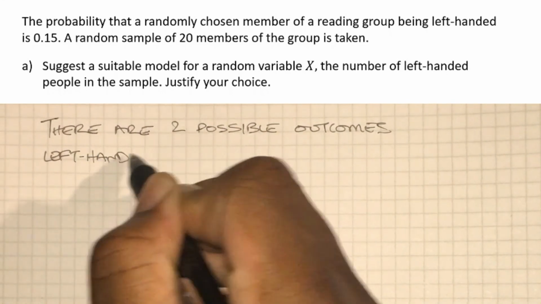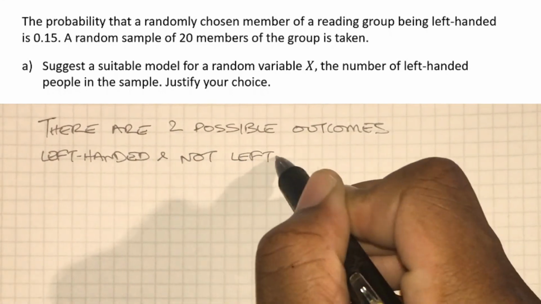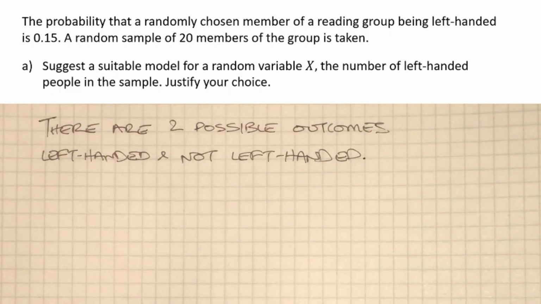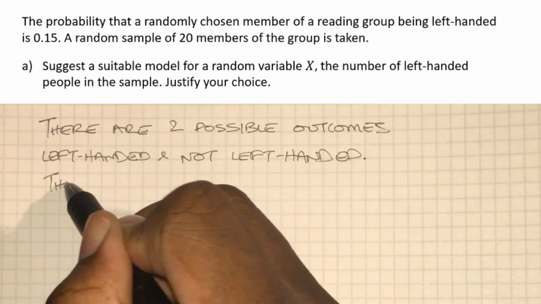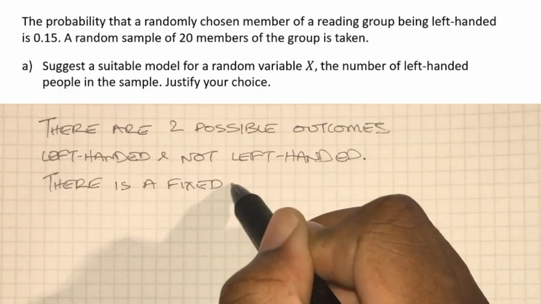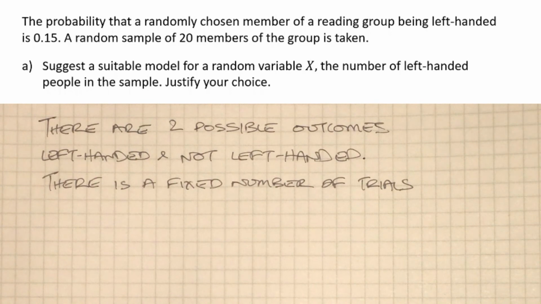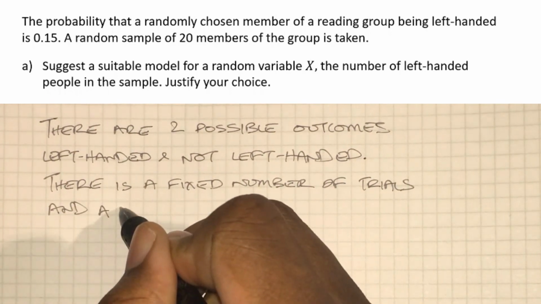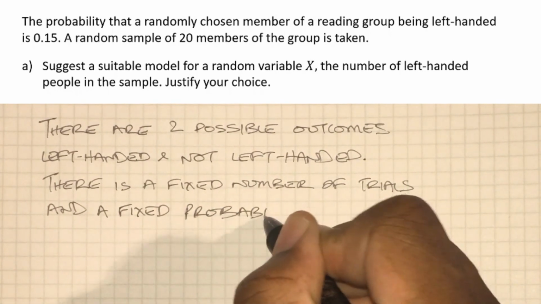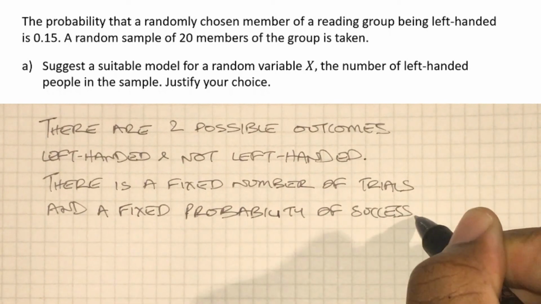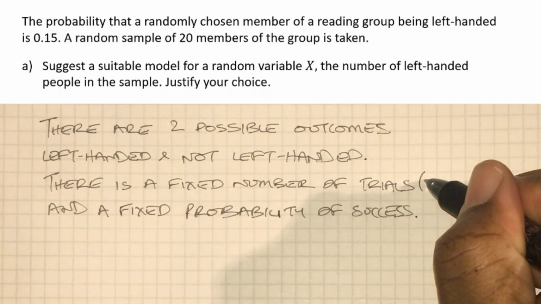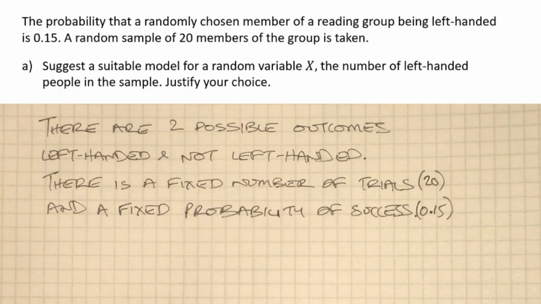Well, there are two possible outcomes. There's left-handed, and we'll think about the complement of not left-handed. I also know that there are a fixed number of trials. There are 20 members, 20 individual repetitions of the experiment. And there's a fixed probability of being left-handed. There's a fixed probability of success. So that's my justification of why I would use the binomial distribution as my model.